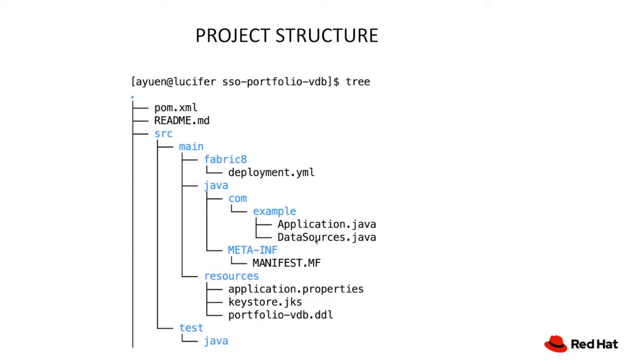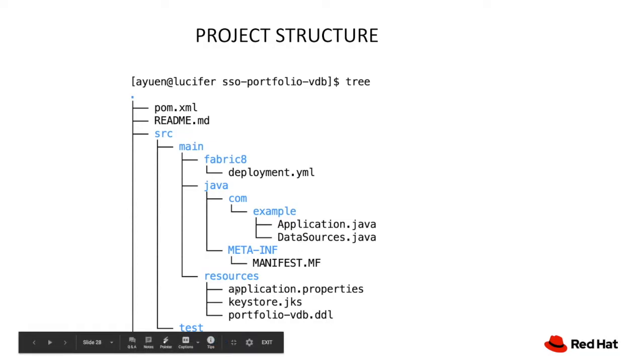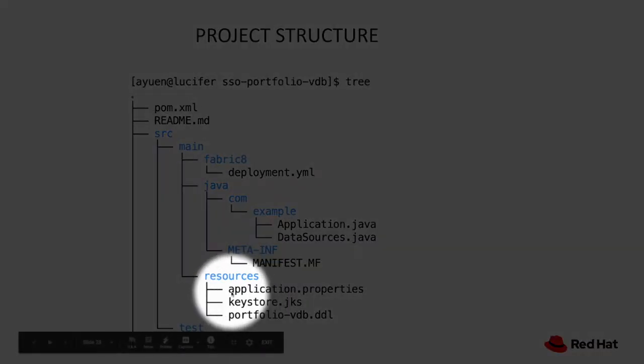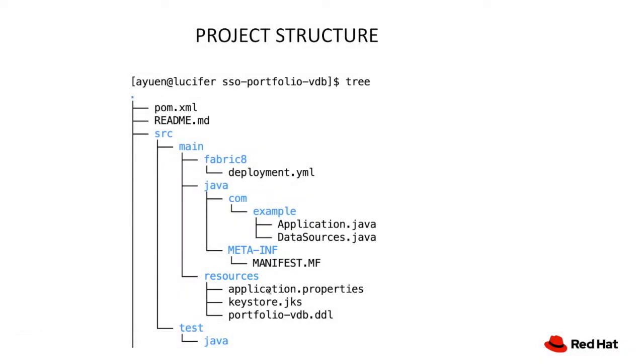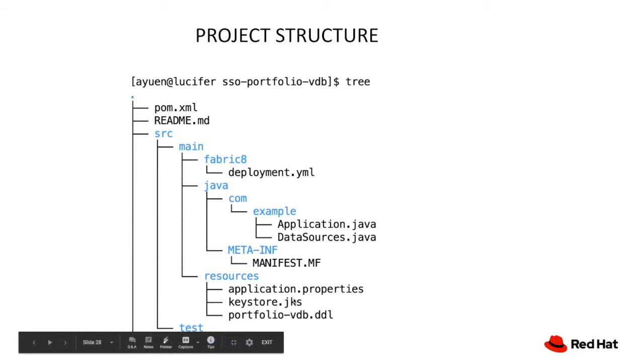DataSources.java, which defines the external data sources we are going to access. And in the resources directory, it contains 3 files. The application.properties file, which defines the parameters required for the application.